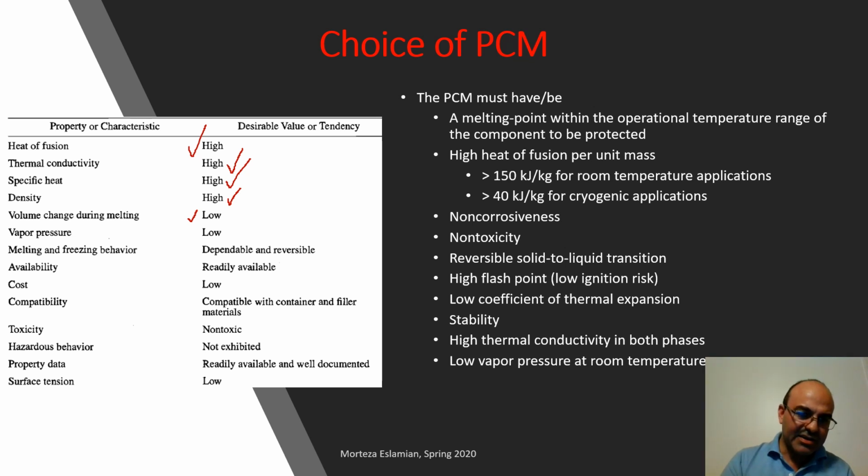And some other factors: availability, low cost, compatibility with other materials and fillers, no chemical reaction, and no toxicity, obviously. These are some of the properties of phase change materials. One of the main phase change materials used is different kinds of waxes, such as paraffin wax, which is currently used as a phase change material.